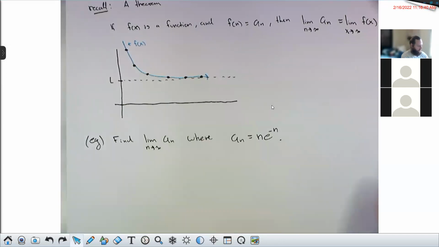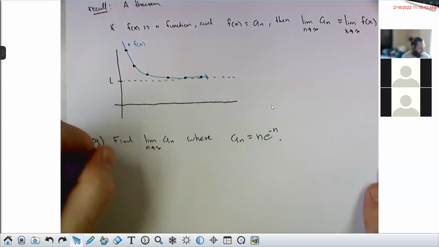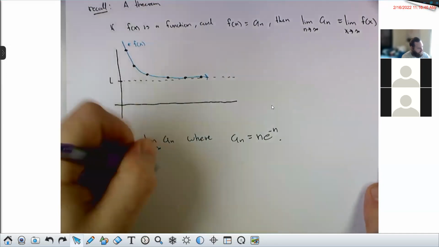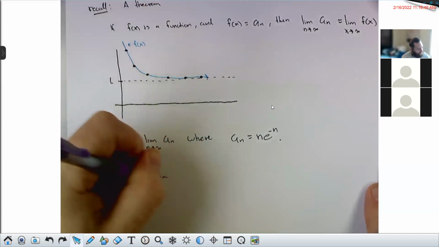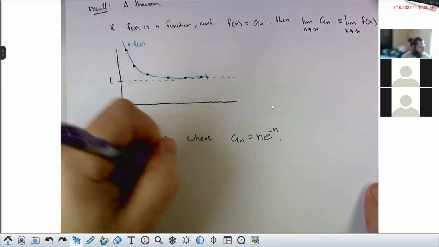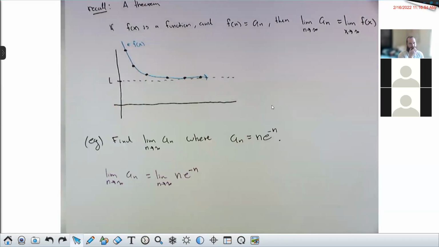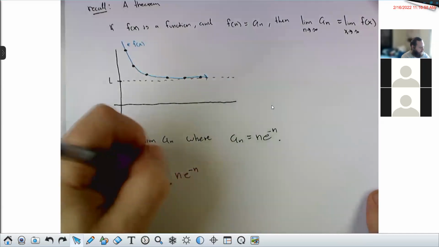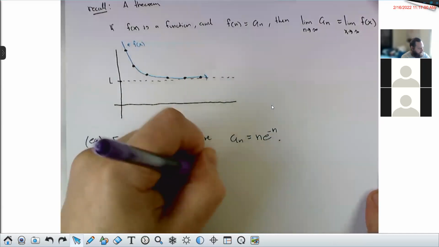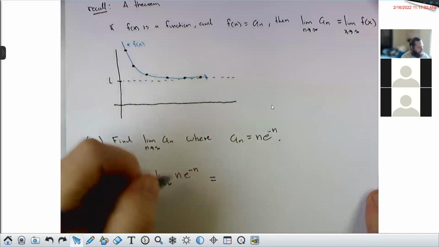The natural thing, of course, is just to write down that limit. So that would be the limit as n goes to infinity of a_n equals the limit as n goes to infinity of n e to the negative n. And the issue here is that as n goes to infinity, of course, this first piece goes to infinity.